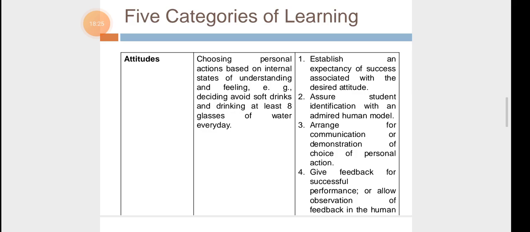Number 4, give feedback for successful performance or allow observation of feedback in the human. Yes, alam na nila kung anong possibilities na magiging feedback ng kanilang magiging action. Especially in school. Halimbawa, magkakaroon ng activities. Yung students, syempre, paghahandaan na nila upang magkaroon ng maayos na feedback for them, their grades, para maging mataas yung kanilang grade.